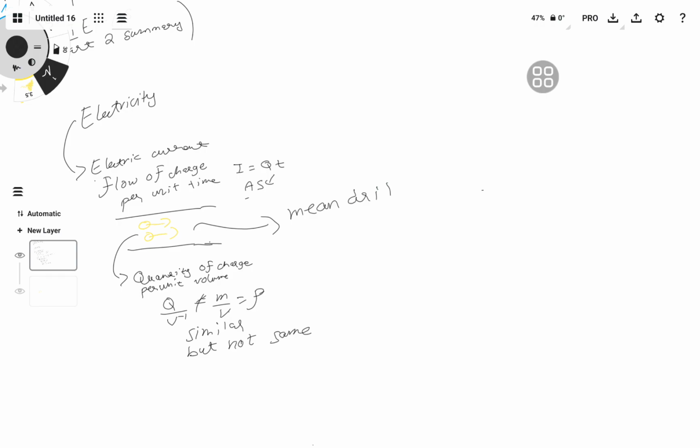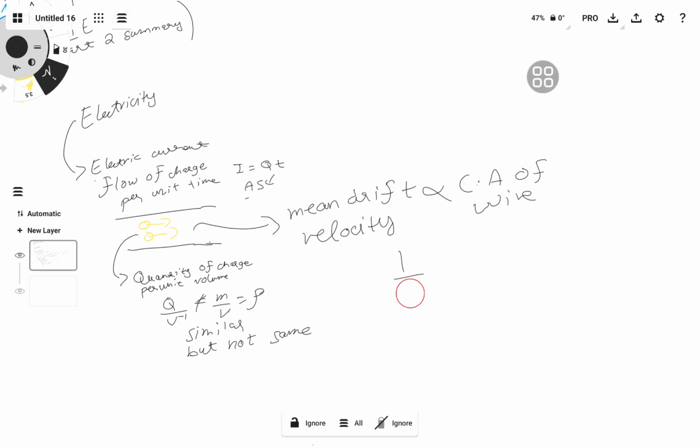Mean drift velocity, which is basically how fast these electrons are traveling through this wire, is directly proportional to the cross sectional area of the wire and inversely proportional to length.